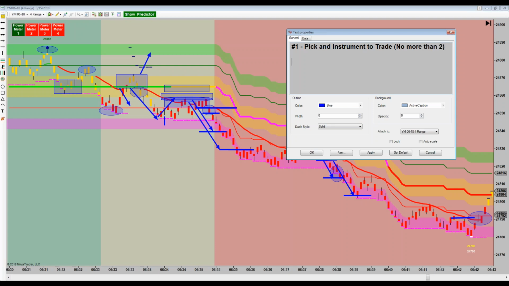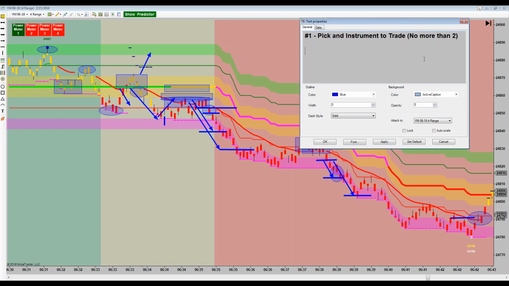Please, please, please, a million times, please, do not break that rule, especially if you're brand new and you're learning and you're trying to figure all this stuff out on how to be consistent. From experience, I can tell you that it's very, very difficult, even for more advanced traders, to watch more than 2 instruments.